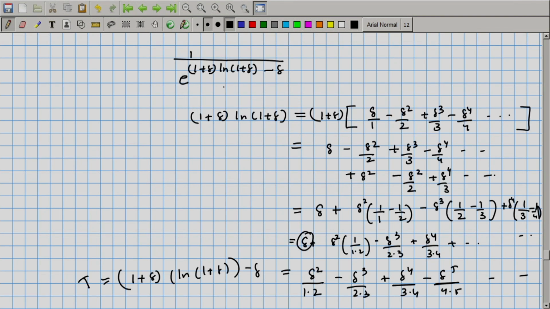Now, let us look at this expression slightly more carefully. We did this analysis for delta lying between 0 and 1, but 1 plus delta log 1 plus delta minus delta is of course always positive.